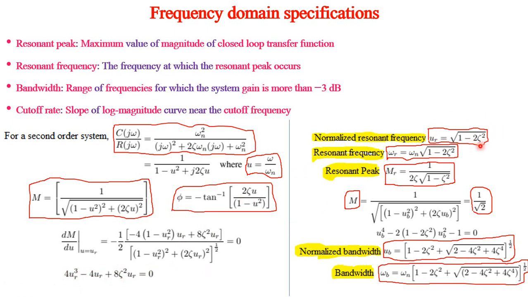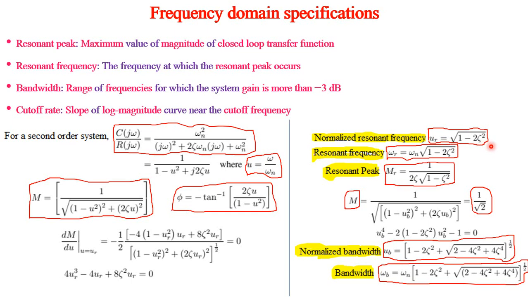Therefore from this relation what is understood is, whenever zeta is greater than 1 by root 2, this will be greater than 1, therefore this resonant frequency becomes imaginary, which is hardly perceptible. Therefore zeta cannot be greater than 1 by root 2.